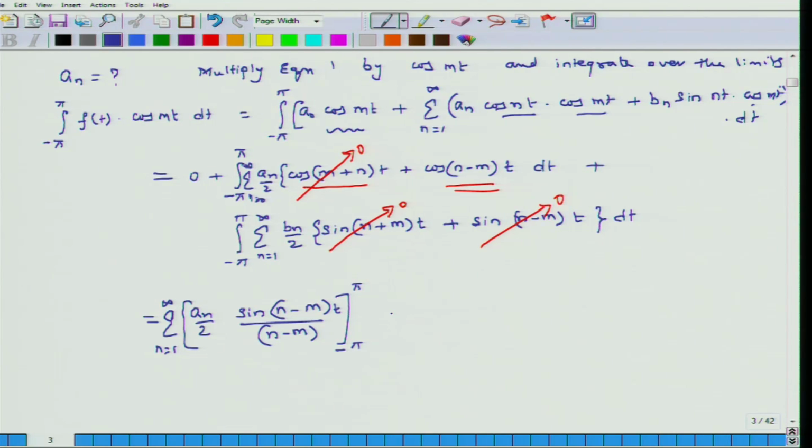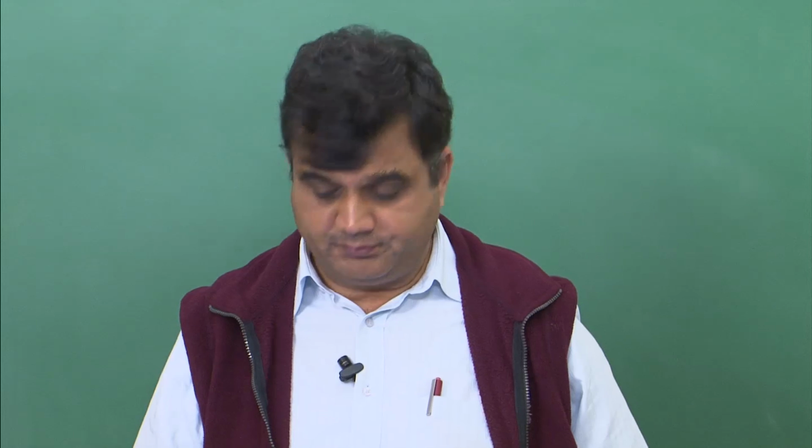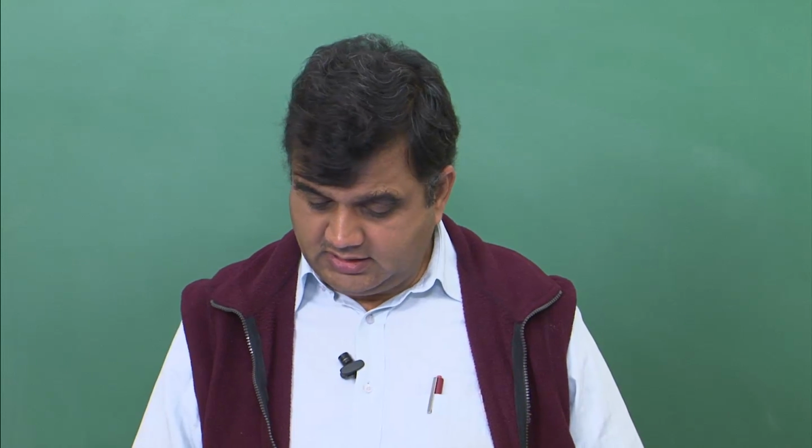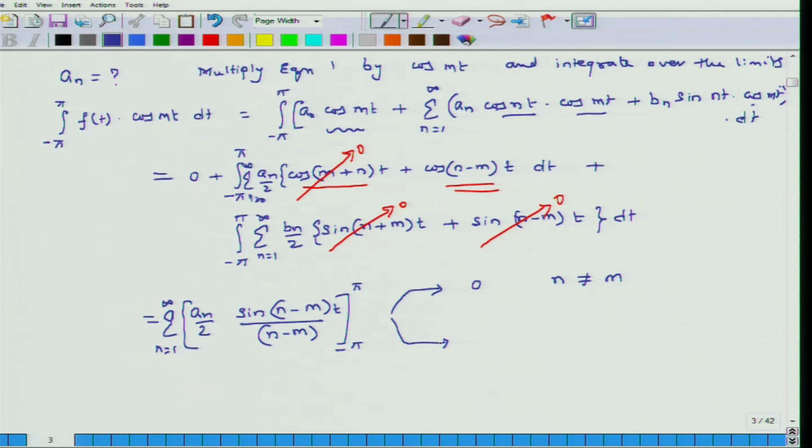Now the value of this is equal to 0 when n is not equal to m. When n is not equal to m, then n minus m is a non-zero thing. When t is pi, then sine of anything times pi is 0, right?